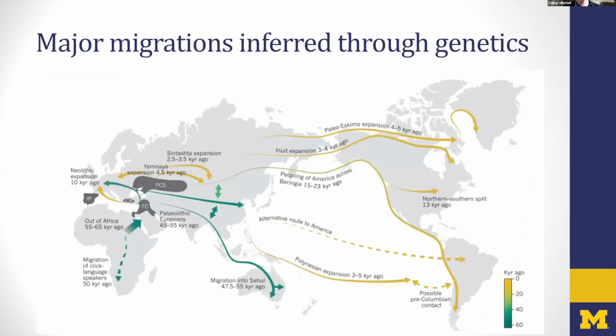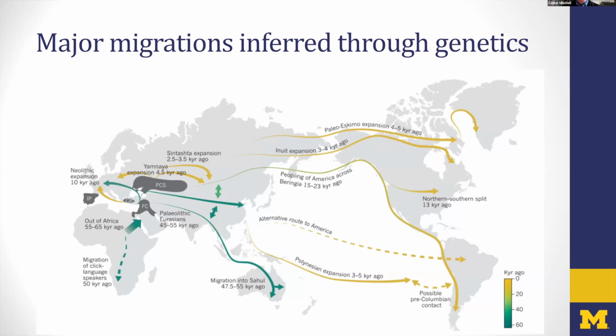So here are some major migrations inferred through genetics. And again, I can't spend a ton of time on this. I wish I could, but it starts to show how long ago, just using genes, not using archaeological evidence, not using anything else, they've been able to tease out how long ago populations left Africa. That's 55 to 65,000 years ago.